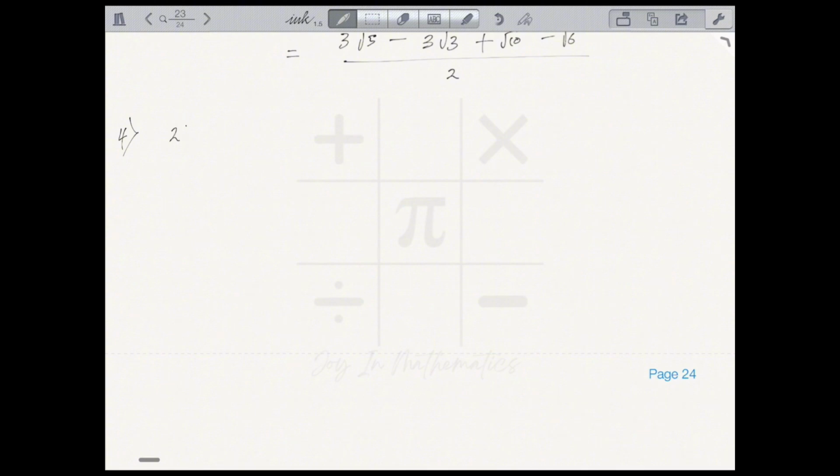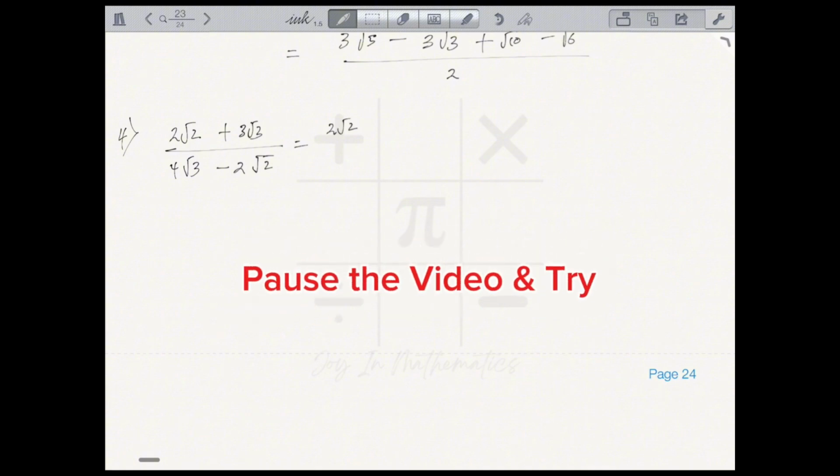Now we have 2 root 2 plus 3 root 3 divided by 4 root 3 minus 2 root 2. To simplify this, you can pause the video to give it a try, and I'm sure you will get it.